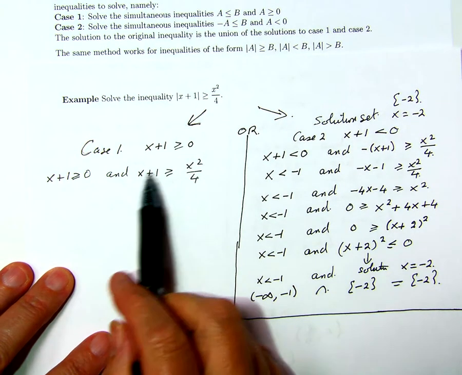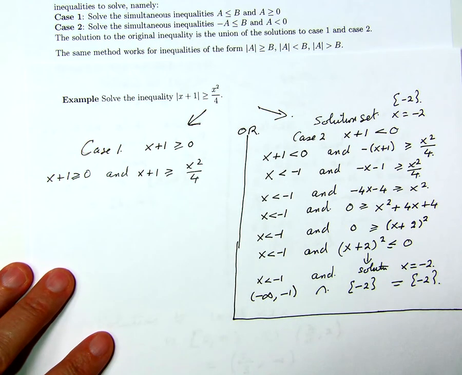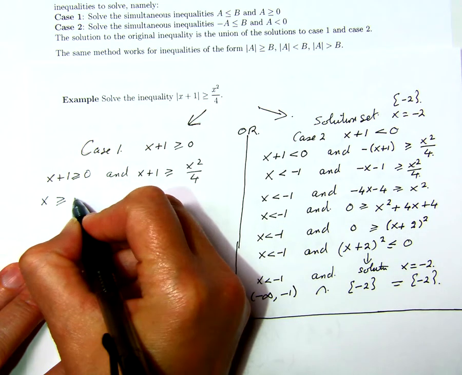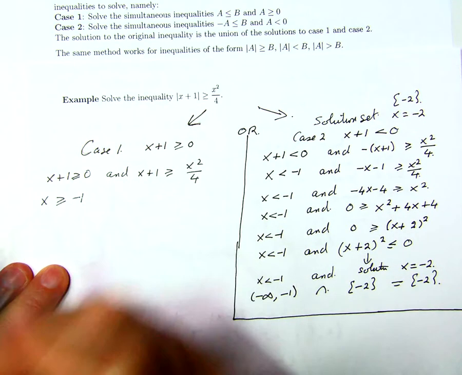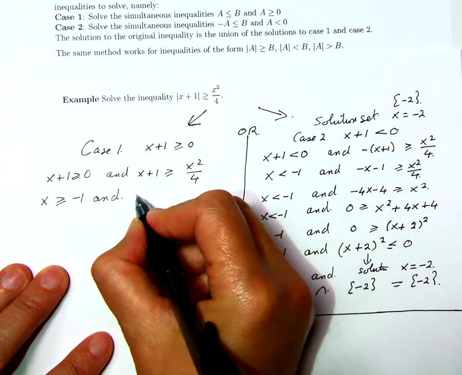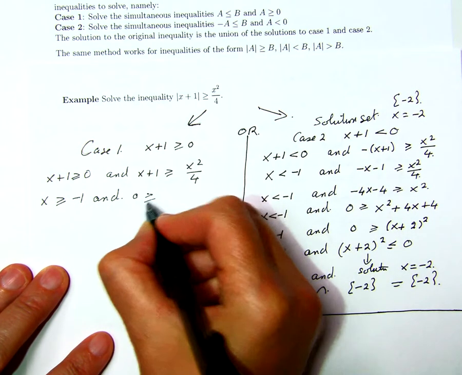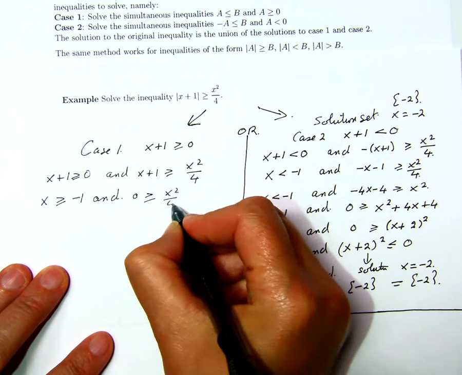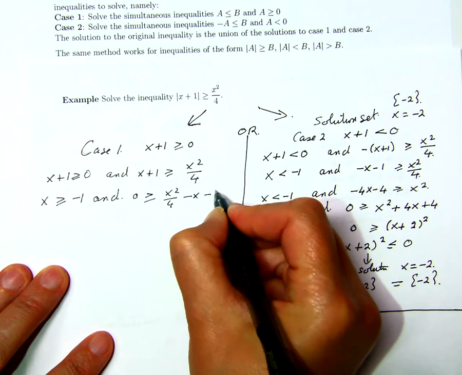And again, we use the quadratic approach here. This gives us x greater than or equal to negative 1. And the other constraint is that 0 is greater than or equal to x squared over 4 minus x minus 1.